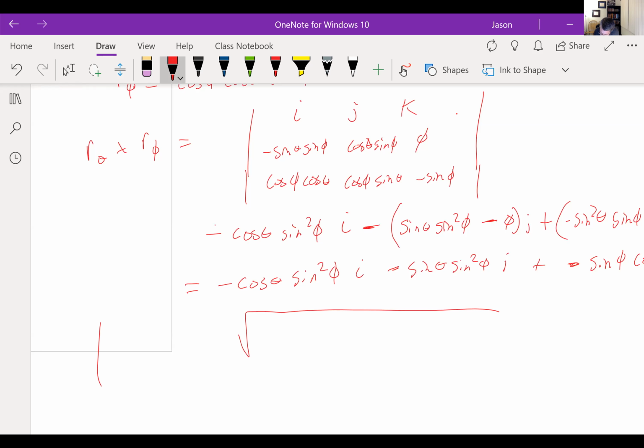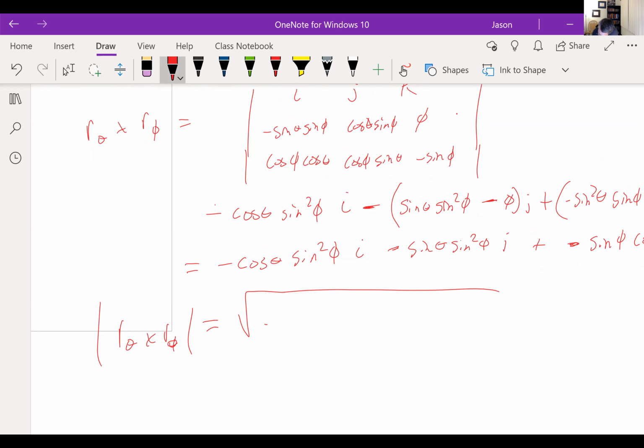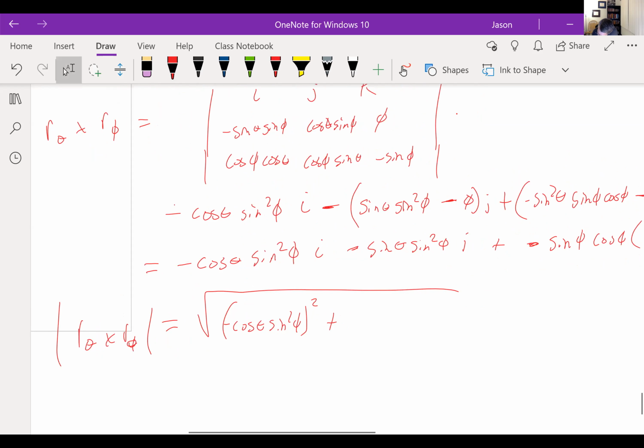And then to find the magnitude of this, I already took the cross product, so I'm going to take the magnitude of this and square these things. So this becomes negative cosine theta sine squared phi, squared, plus negative sine theta sine squared phi, squared, plus negative sine phi cosine phi, squared.